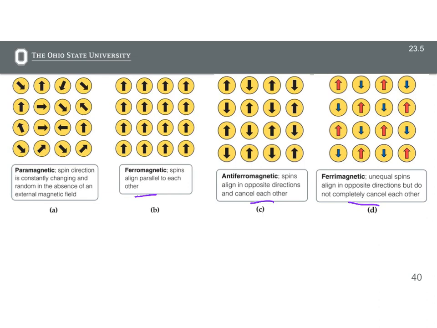Ferromagnetic substances are where the spins are aligned parallel to each other. These spheres are going to represent electrons and the orientation of the spin. Ferromagnetic substances can retain a magnetic field, and so this is something like iron or nickel or cobalt.